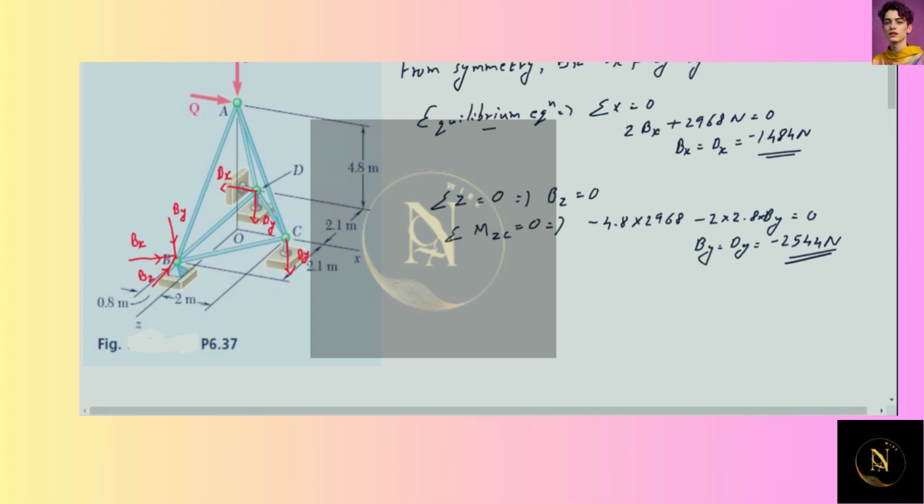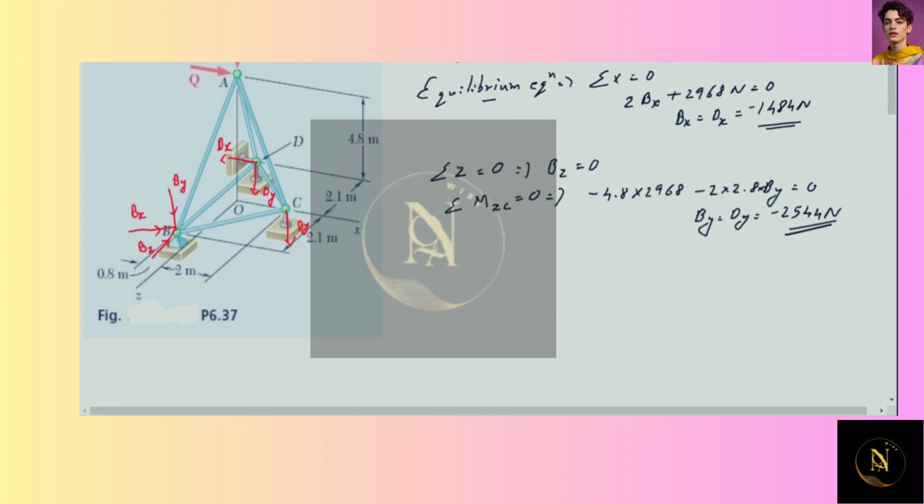Now let's go to joint A. Joint A connects members AB, AC and AD.